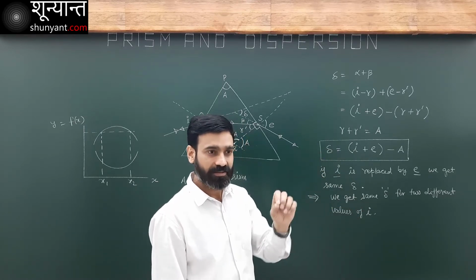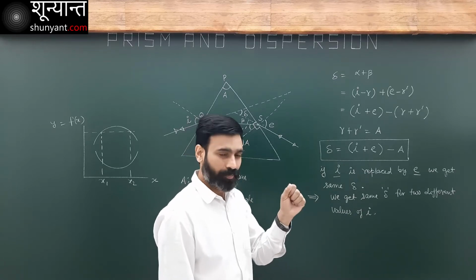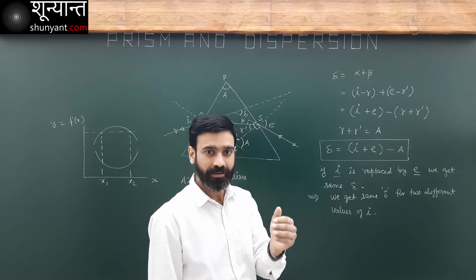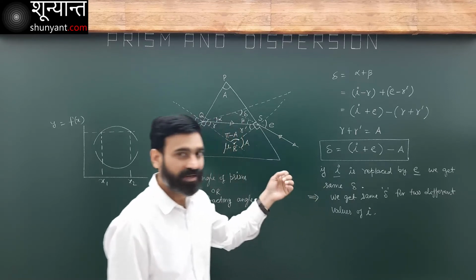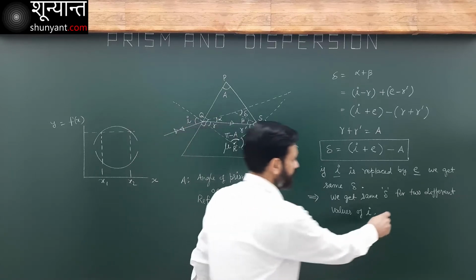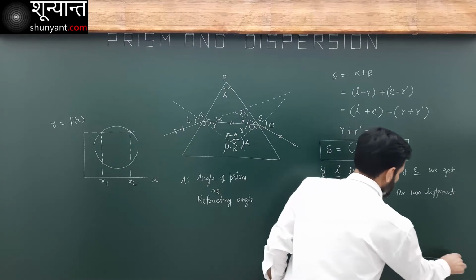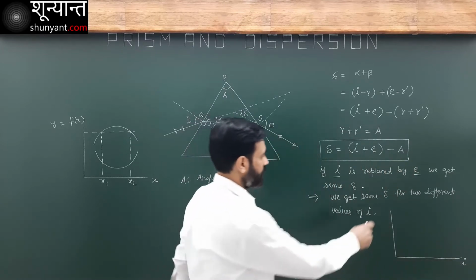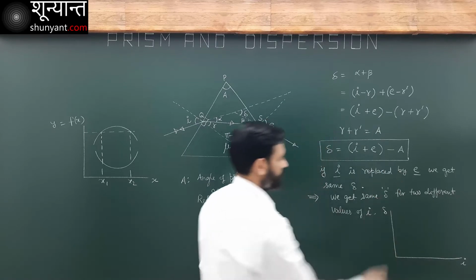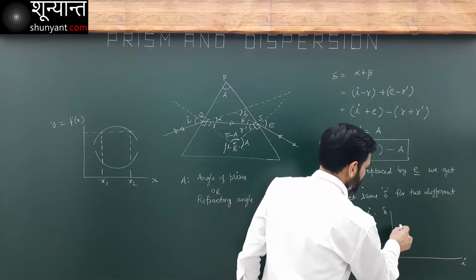That means for a particular value of I, I am going to get a minimum deviation. In this case, the minimum happens, and if I plot the graph, here, this is angle of incidence, and this is deviation, I am going to get a graph like this.